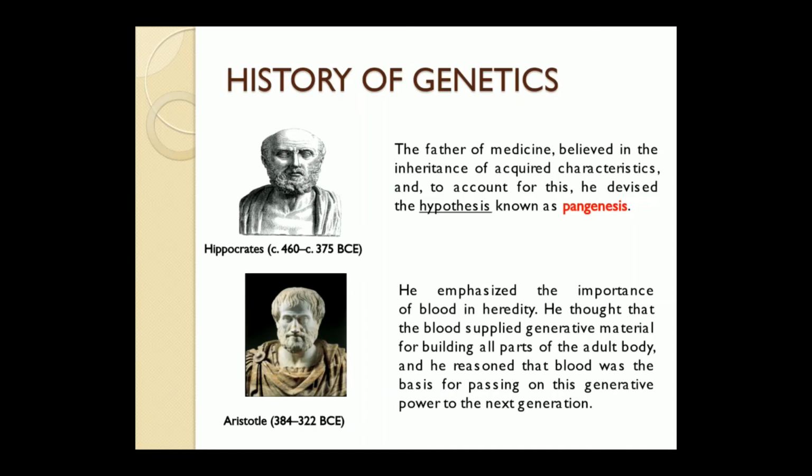He thought that blood supplies genetic material or generative building blocks to all parts of the adult body. And he reasoned that blood was the basis for passing on the generative power to the next generation.